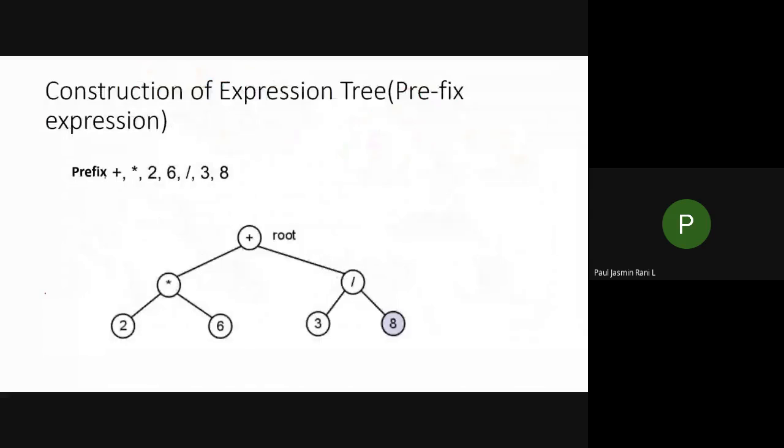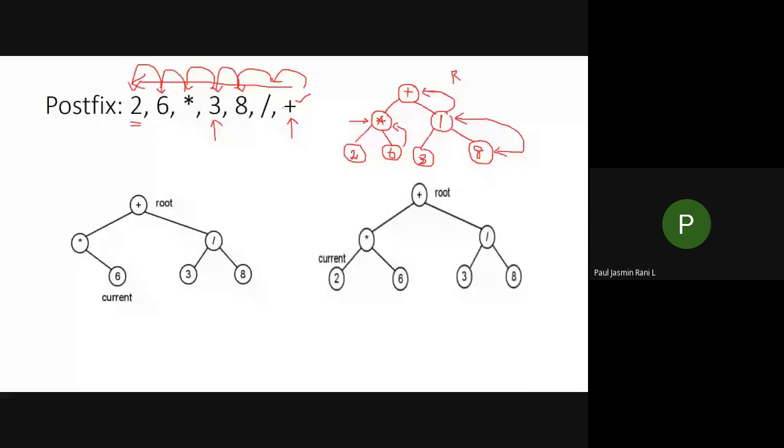So now next you are going to construct an expression tree using this prefix expression. Can you guess how you have to construct it? For your postfix expression, the input was visited from right to left, isn't it?